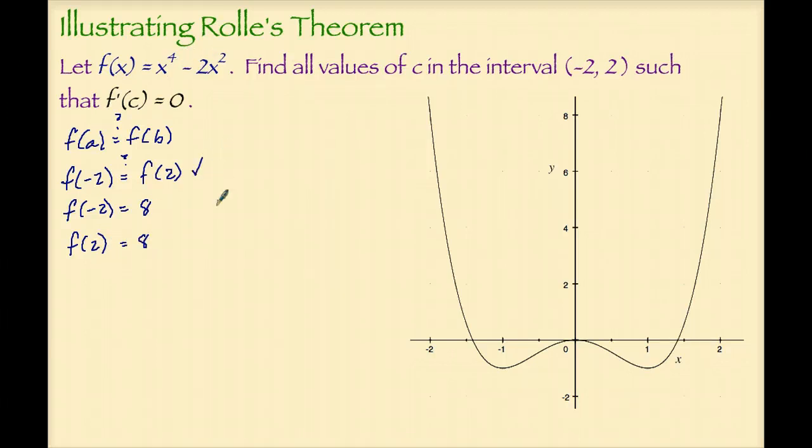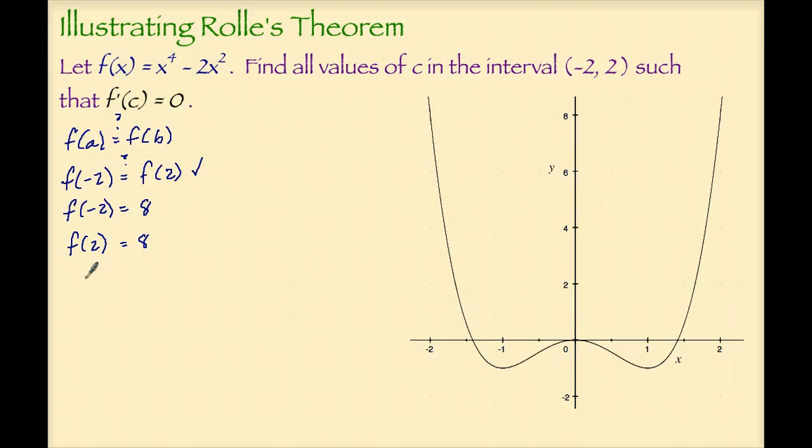So this condition is met, and the function is continuous and differentiable. Therefore, we are guaranteed at least one value between -2 and 2 where the slope of the tangent line to the curve is 0. As you can see from the graph, it looks like there are more than one such place, but we are going to use our analysis to find out what they are.